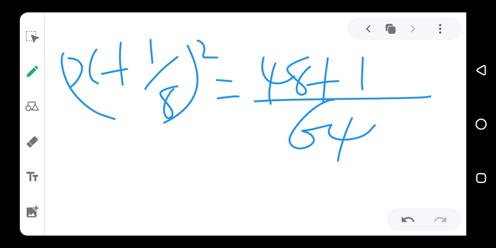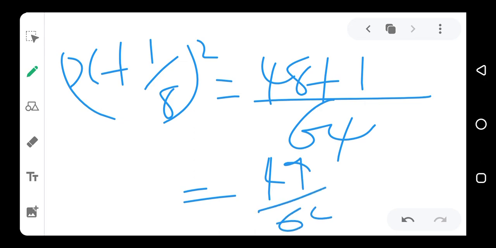If you simplify this, this is equal to 49 over 64.